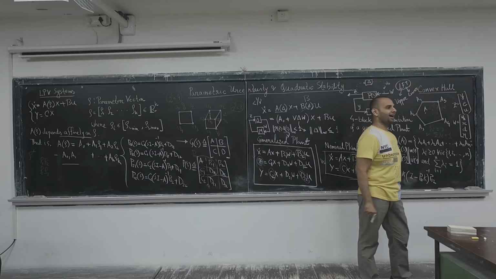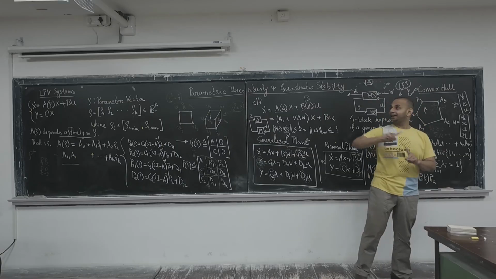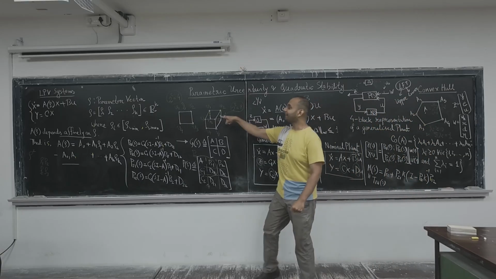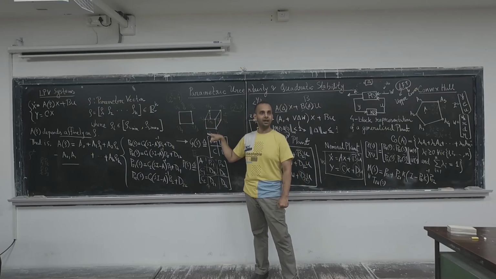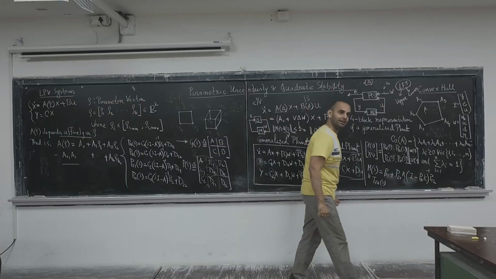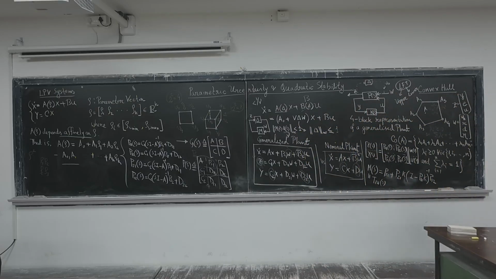Now the question I asked is how this is related to the LPV system, or for this kind of parametric uncertainty, how this convex hull is going to be related. Is the convex hull always a pentagon? No, it's just an example where you have 5 A's.